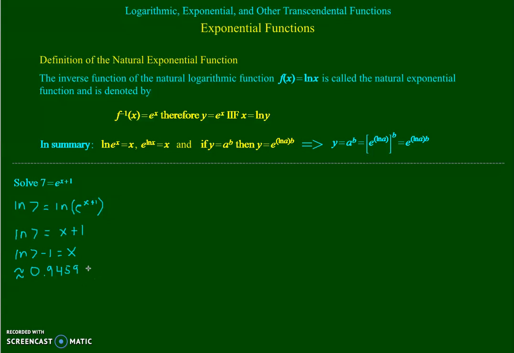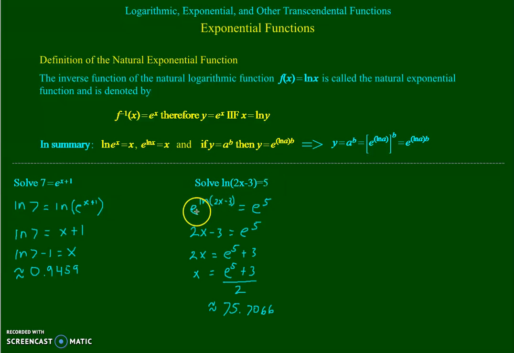Alright, let's take a look at another example. So this is just an inverse example. We're already given a natural log of something. So what I'm going to do is use these as exponents of a base e. So I'm just going to make this e to the ln of 2x minus 3 and e to the 5. Again, taking advantage of the natural logarithmic exponential properties, e to the ln of anything is that thing.